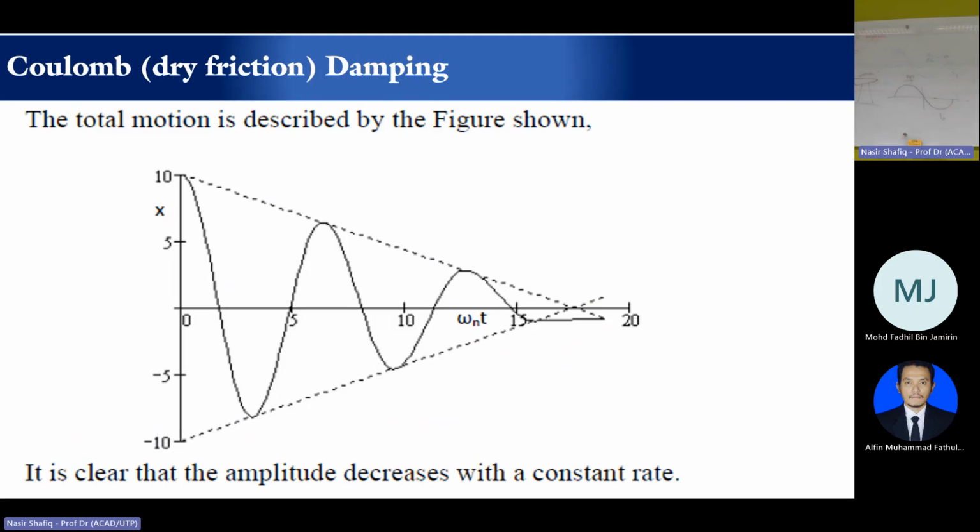So the total motion is described by this figure. For example, this is the amplitude, maxima minus 10, 5, 5. Starting from here, this is omega nt.